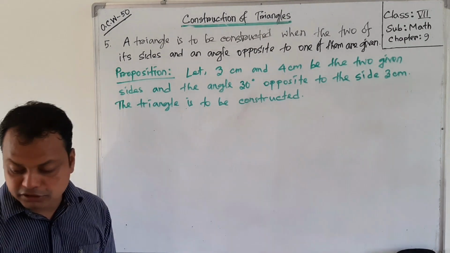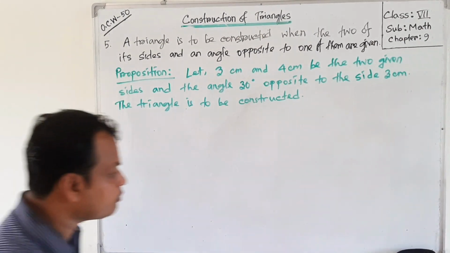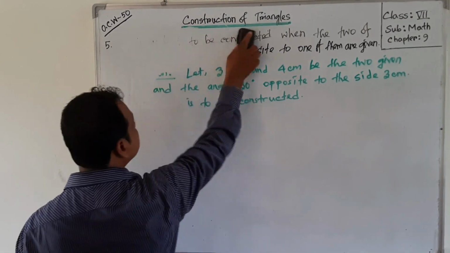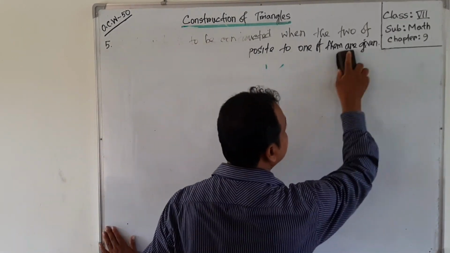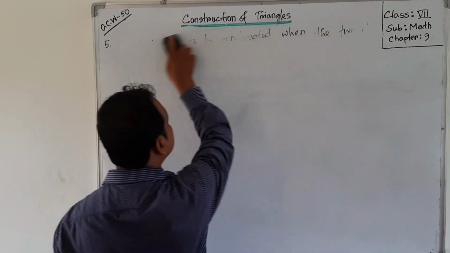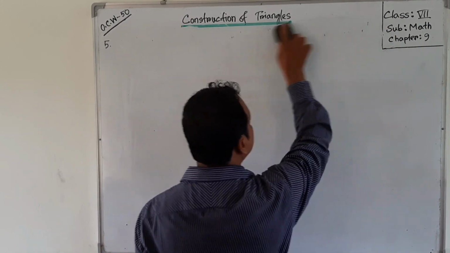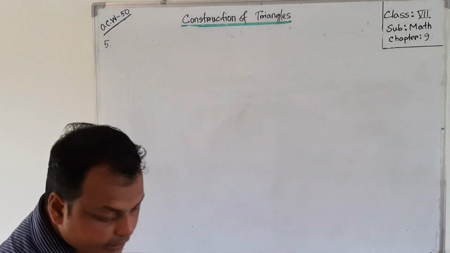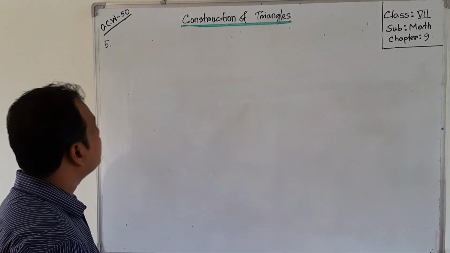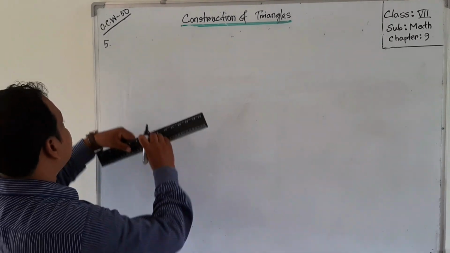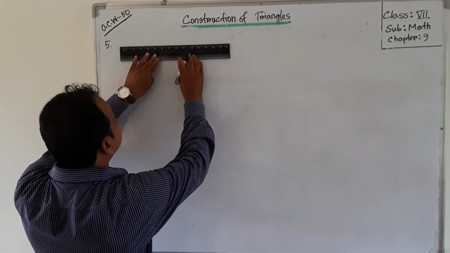Okay, now take the length of 2 sides. Take the scale and pencil. We will take the length 3 centimeter.